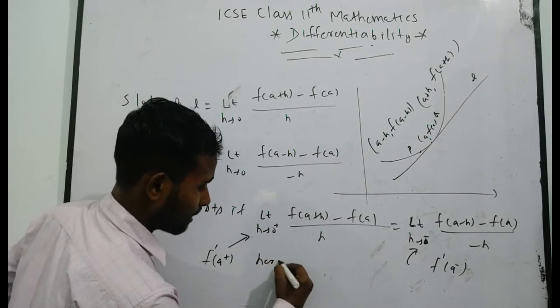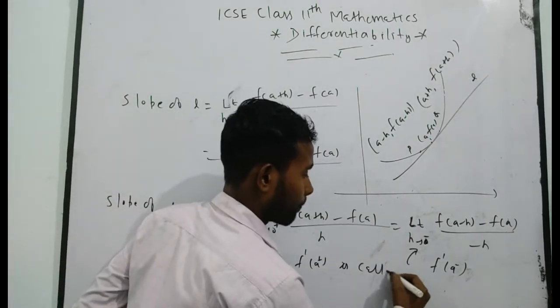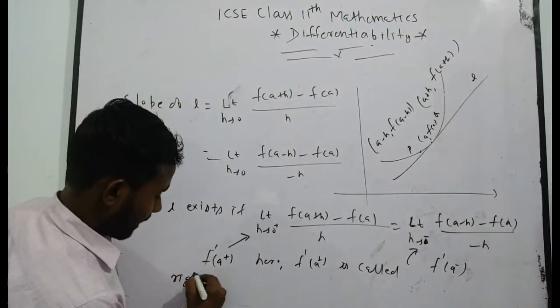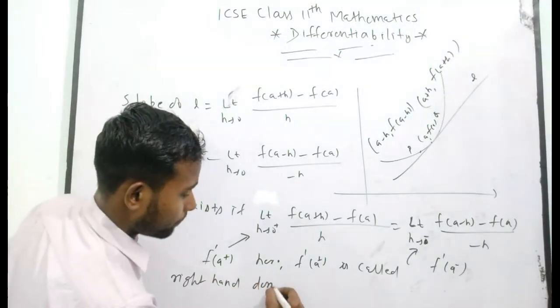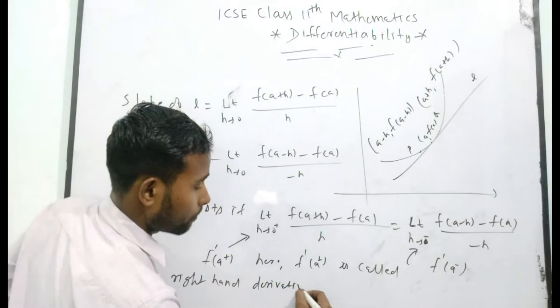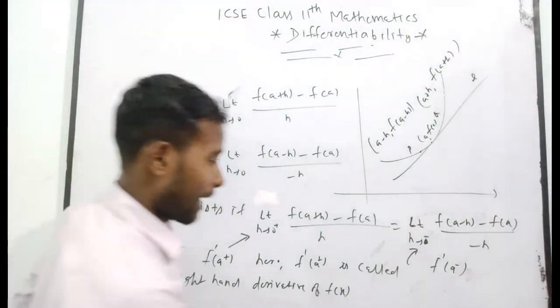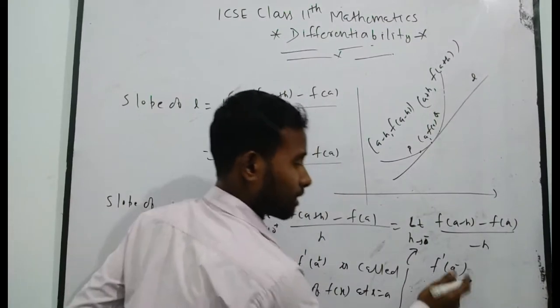Here f dash a plus is equal to the right hand derivative of f(x) at x equal to a. And what is this?